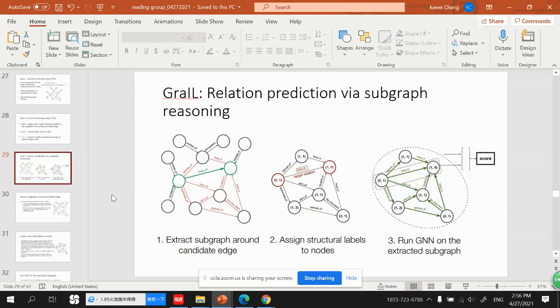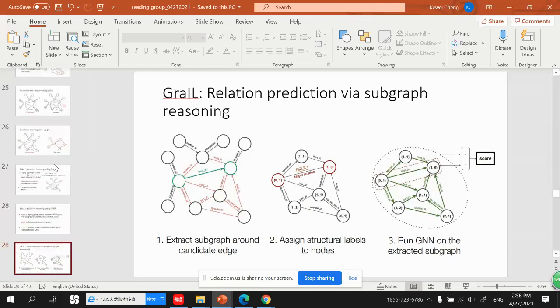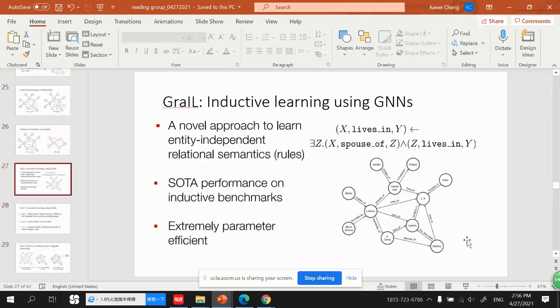The next question is: you keep talking about logical rules, but I still could not map that to the current graph. For the logical rule, in this example, we can observe that a logical rule can be regarded as a path in the knowledge graph.